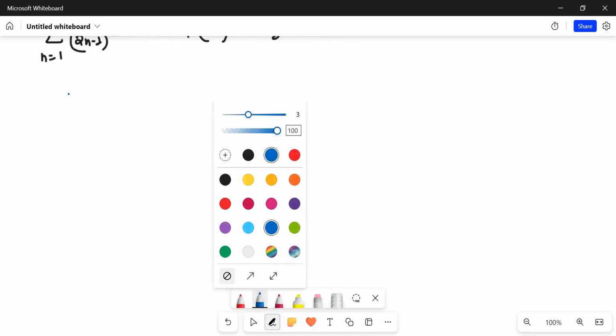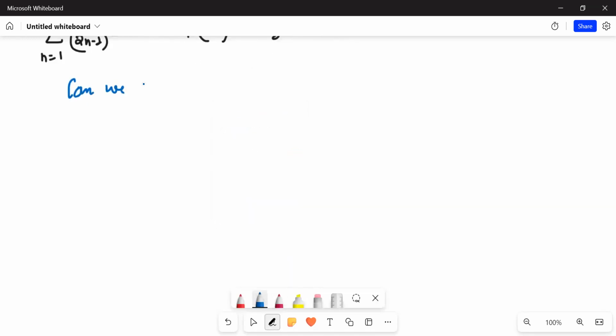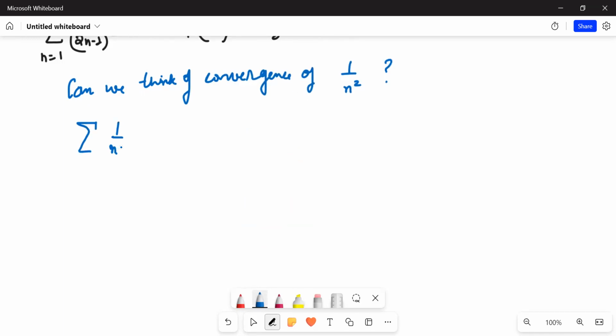Had it not been supplied, can we think of convergence of 1 upon n square from what we have studied till now? Understand that summation 1 upon n square is a positive term series. This is quite evident.